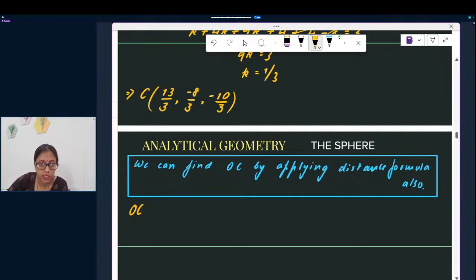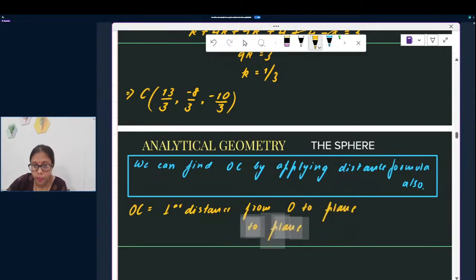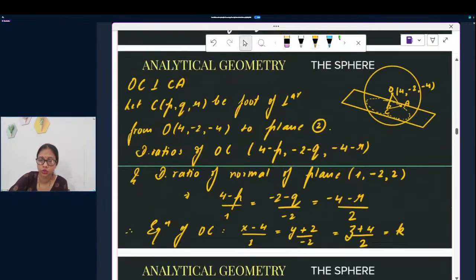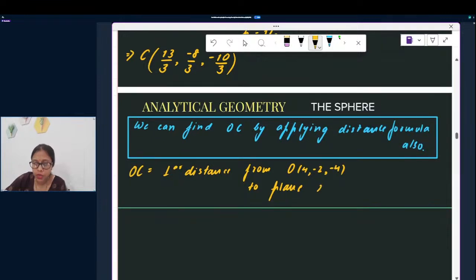So OC is nothing but the perpendicular distance from O to the plane. What is O, by the way? O is 4, minus 2, minus 4. That was the point, 4, minus 2, minus 4, to the plane x minus 2y plus 2z equals 3. How do we find that perpendicular distance?